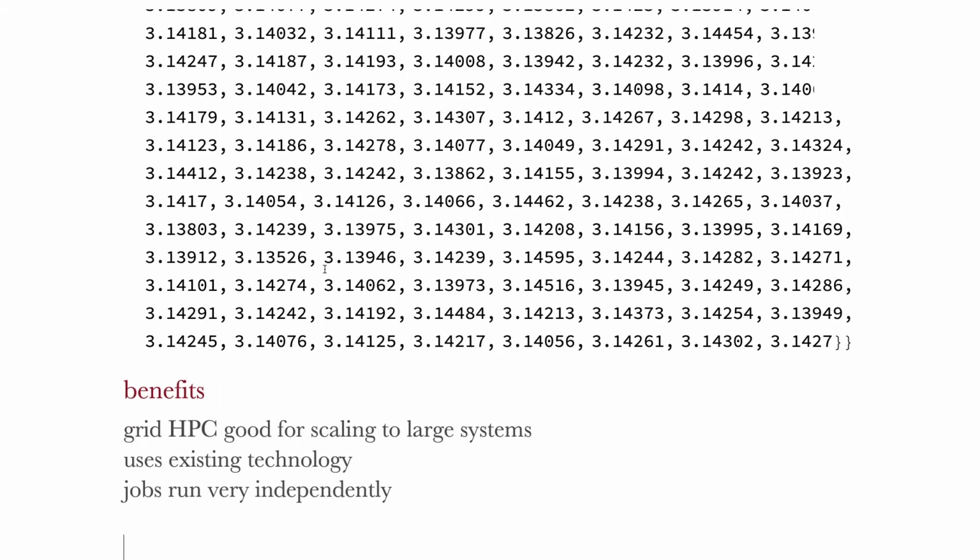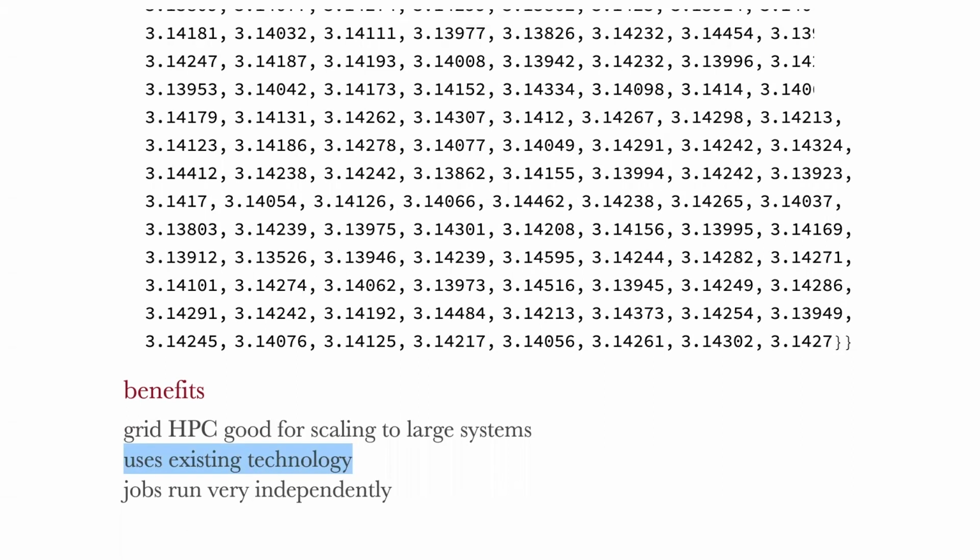It's good where the jobs run very independently, so if there's a problem with one of them, it doesn't bring everything down. And Mathematica has quite a lot of built-in functionality for working with these ad hoc grids. So that's kind of an interesting functionality.